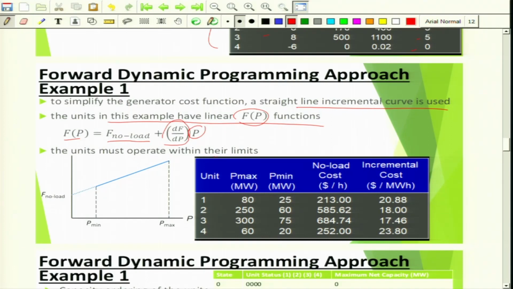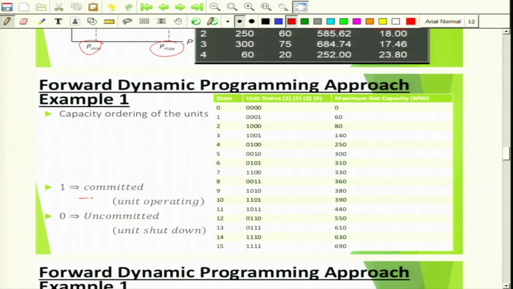Now the units must operate within the limits P minimum to P maximum, and I am just summarizing here the maximum and minimum generation of each unit, the no load cost and the incremental cost of each generator. Now you see 1 means committed or unit is operating, 0 means uncommitted, unit is shut down.